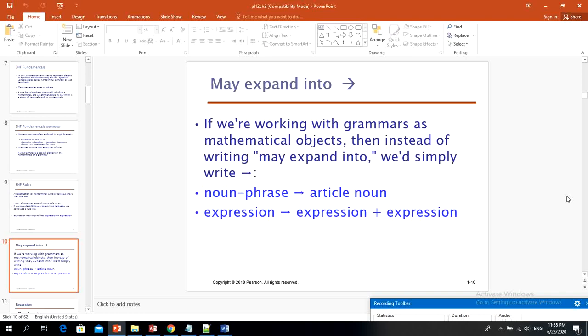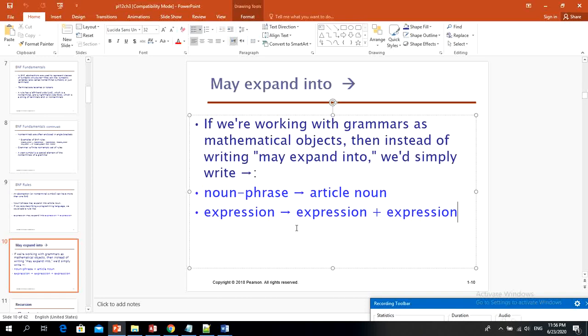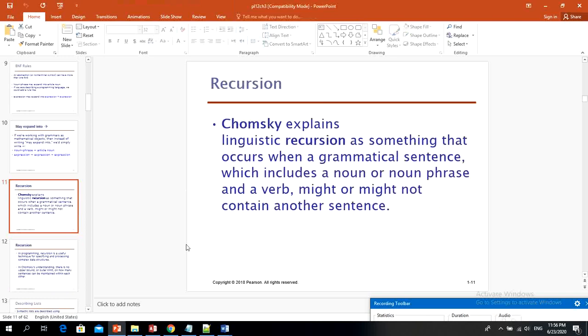If we are working with grammars as mathematical objects, then instead of writing may expand into, we could simply write this arrow. This expression could be rephrased like this: expression, then this symbol, the thick right arrow, that means may expand into or determine expression plus expression.